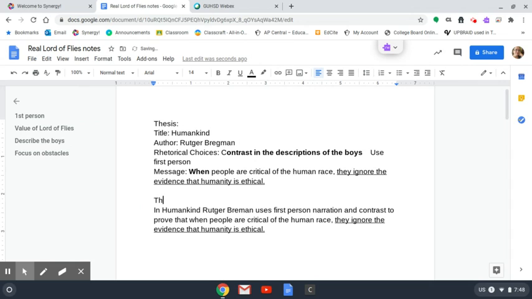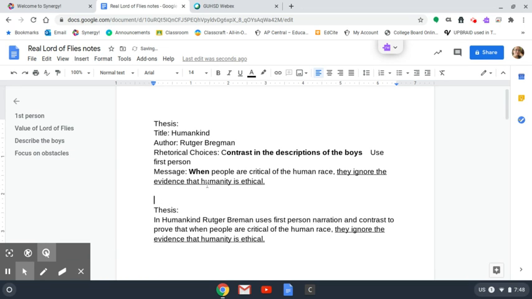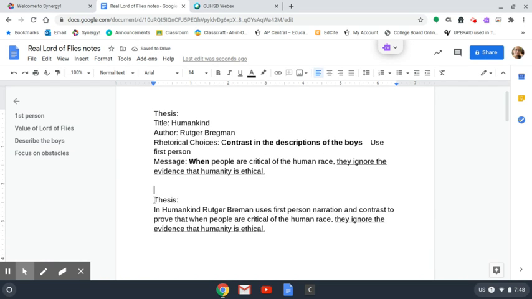That is my thesis. And what I'm going to tell you is you need to start writing the thesis at the top of the paragraphs that you are writing, because you need to have a really, really clear sense of where you're going and what your message is before you start writing.